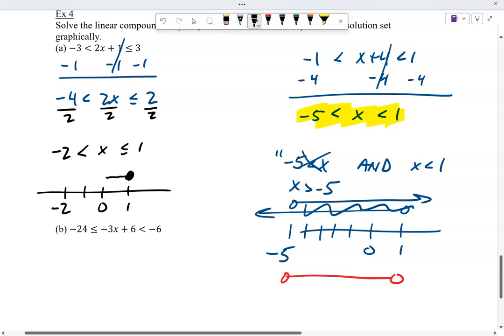And I'm greater than -2, so that's it. All right, so it's between -2 and 1. Notice the 1 has the line underneath it, so it should be filled in. Notice the inequality next to the -2 there is open.